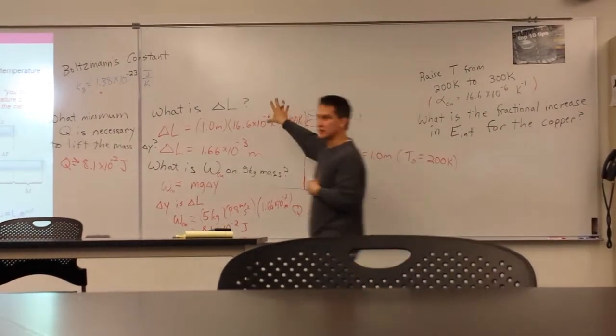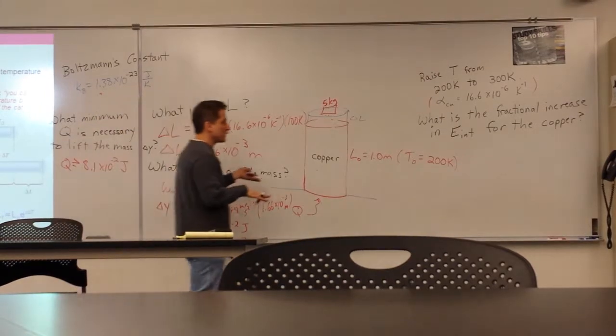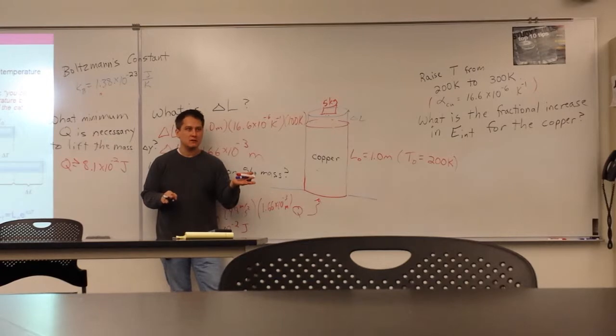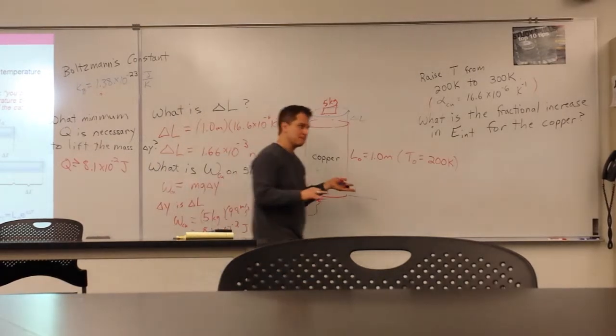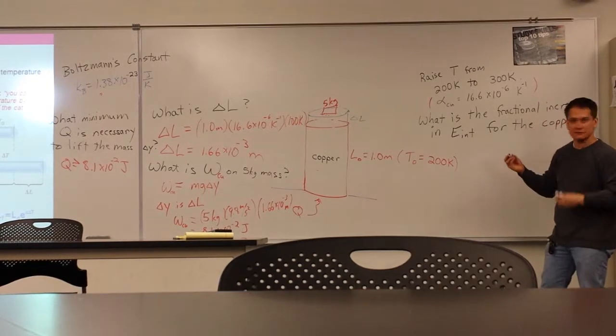Assuming that the mass itself doesn't gain any energy and no energy is radiated out. But what is the fractional increase in internal energy? What do we know about internal energy? It's kinetic.